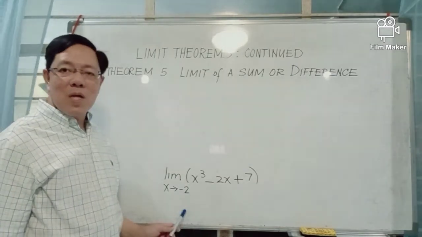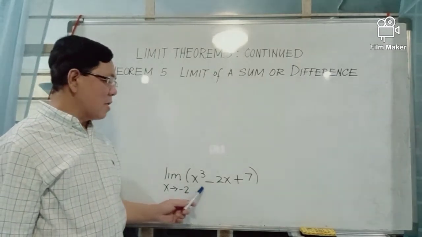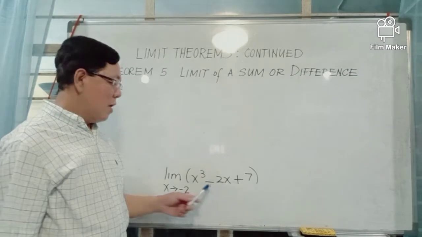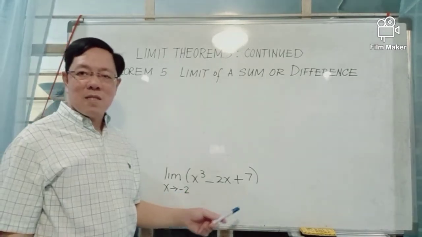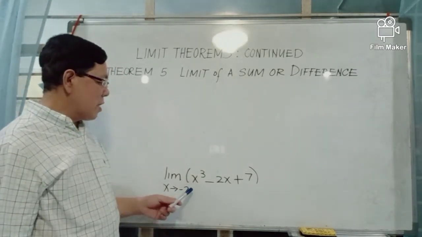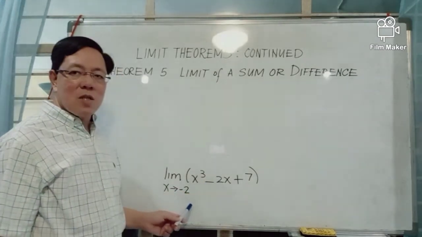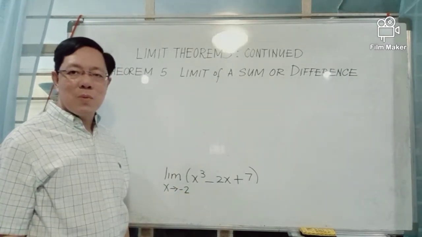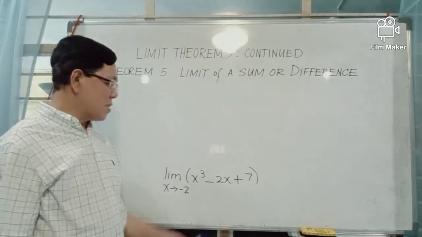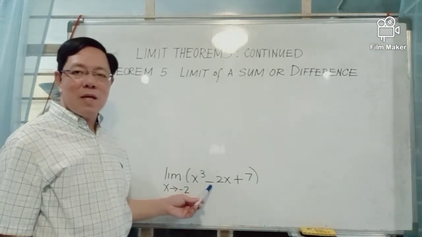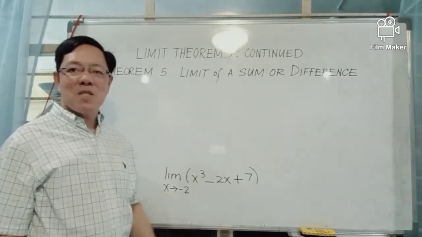Another way to evaluate this limit is to consider each individual term of this cubic expression as a function, and you get the limit of each individual function as x approaches negative 2, and then combine the limits by the operations indicated in the given expression.